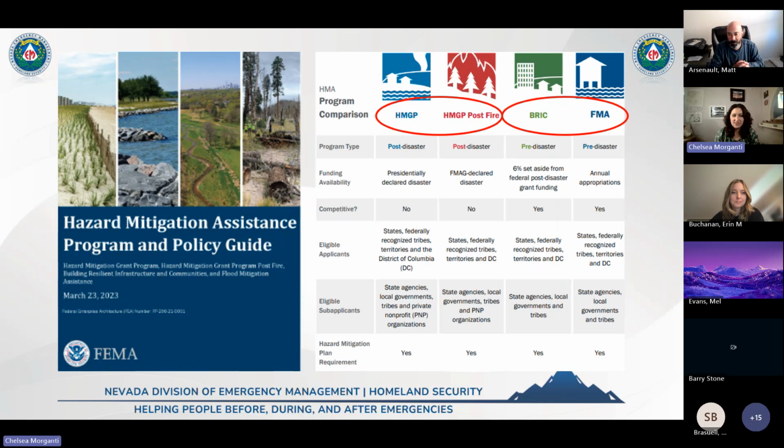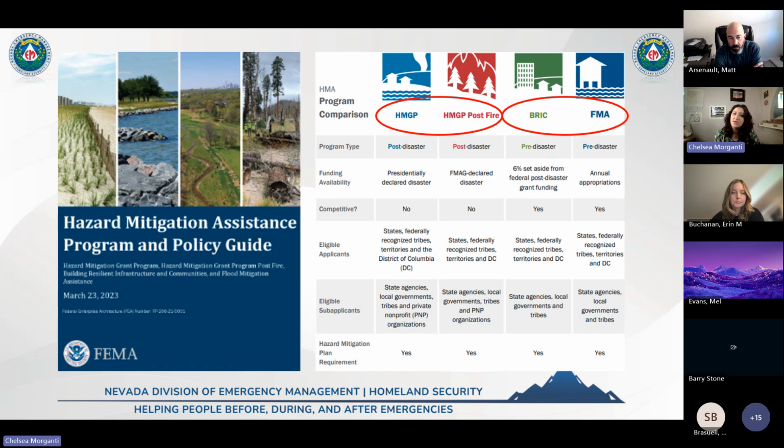Awesome. Anybody else who wants to give an example of a project either that they're considering or that they have received funding for in the past, whether related to earthquake, flood, fire? We have funded in the past on the topic of state priorities.